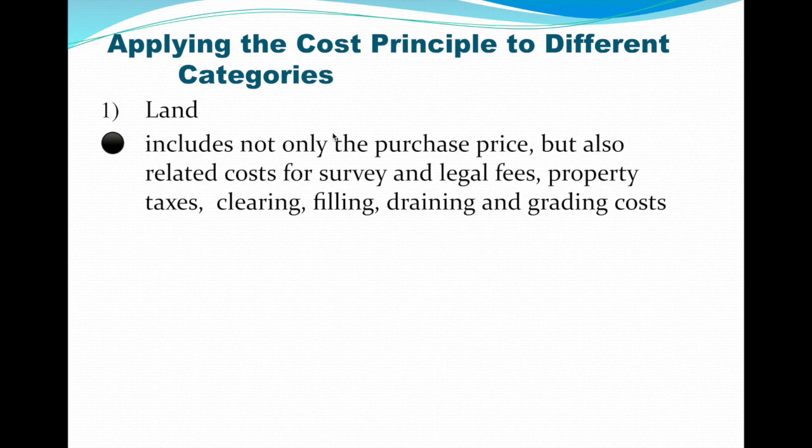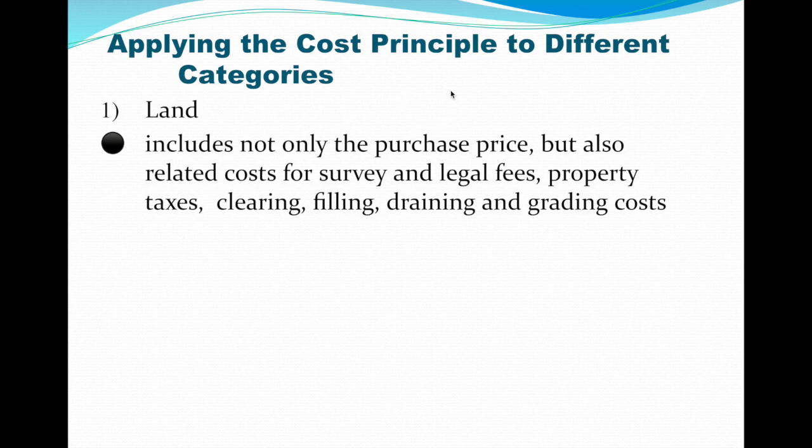So the purchases that are associated with acquiring land can lump up any and all of these things. So it would be the price of the actual piece of property itself. This is our imaginary lot of land.